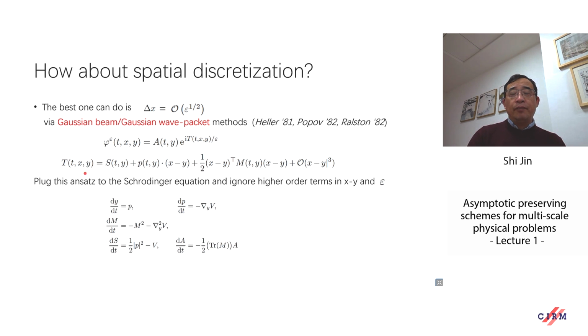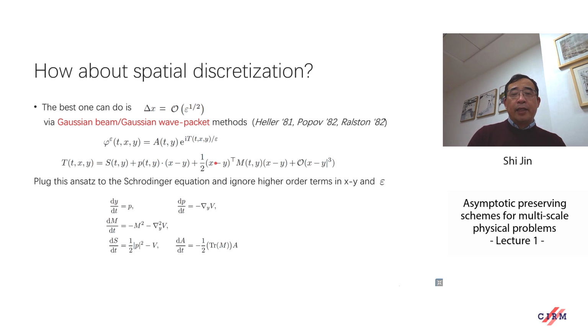If you take a Taylor expansion of the phase around this y, the center of the beam, you keep the leading order, the next order, the second order, and you ignore the terms beyond second order, you stop here. And this M usually is a Hessian matrix.